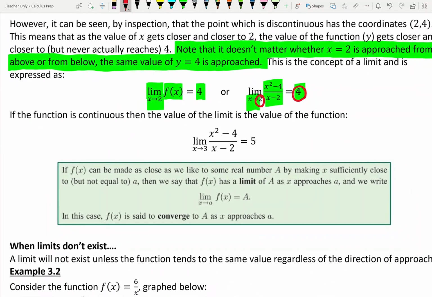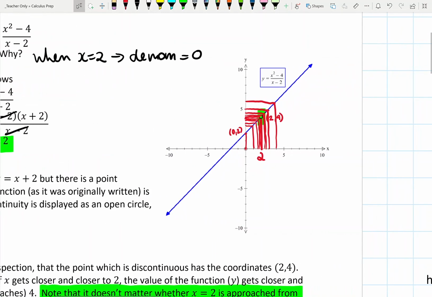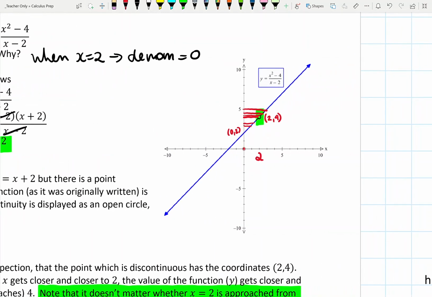If a function is continuous, as in it doesn't have a point discontinuity, then the value of the limit is the value of the function. So for example, looking at this same function here, x squared minus 4 on x minus 2, the limit as x approaches 3 is 5. And if we go back and have a look at the graph, and I'll get rid of all of these lines.